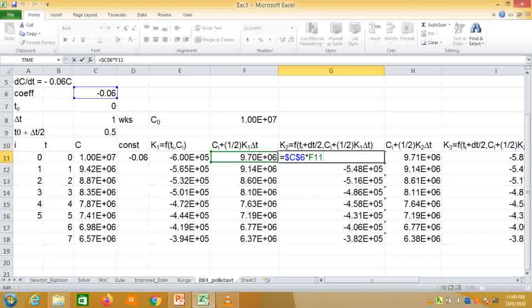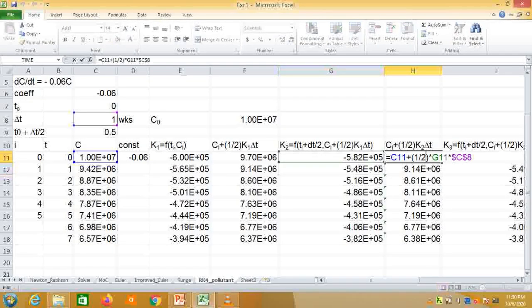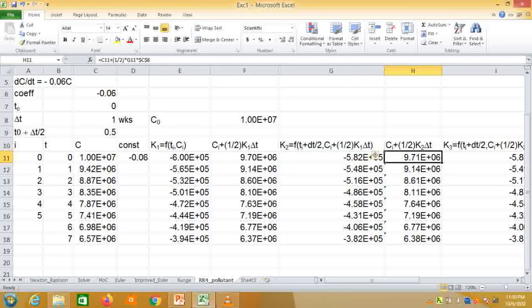And next, similarly, we are going to find at T plus delta T over 2, and at the concentration of C0 plus half K2 times delta T. At this concentration, at the time of 0.5, T0 plus delta T over 2, we are going to calculate the slope, or K3.